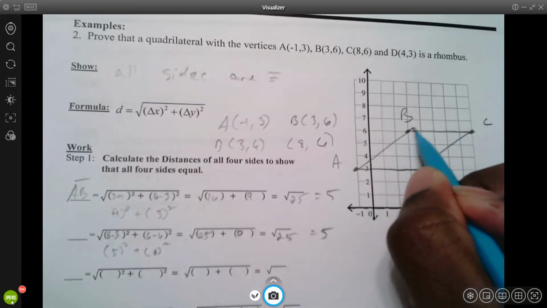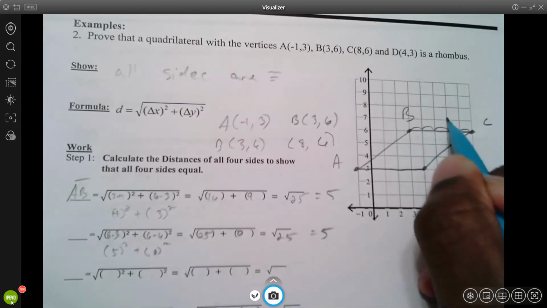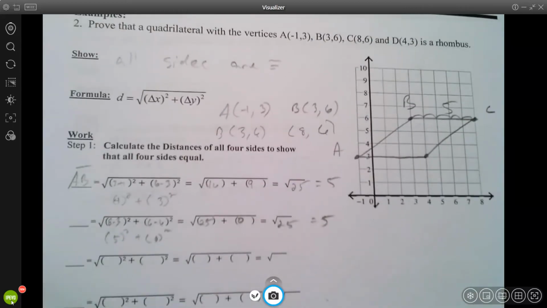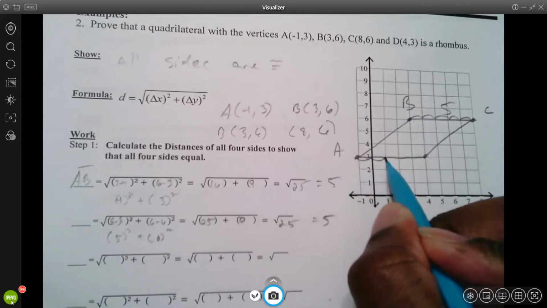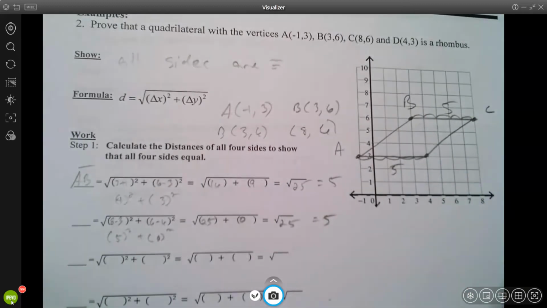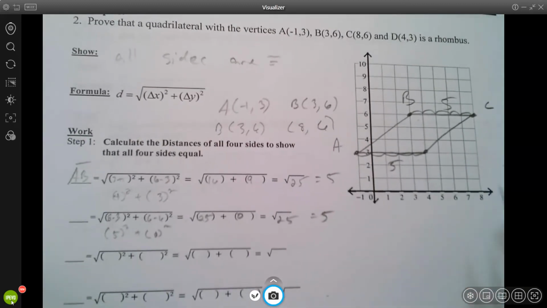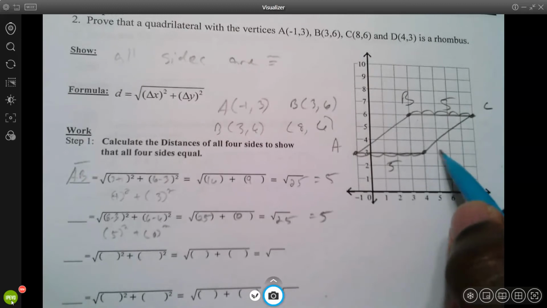Truth is, I could have counted that. 1, 2, 3, 4, 5. It is 5. For that matter, this one is 1, 2, 3, 4, 5. So I won't bother doing the distance formula for that length. But I'm going to use the distance formula for CD.